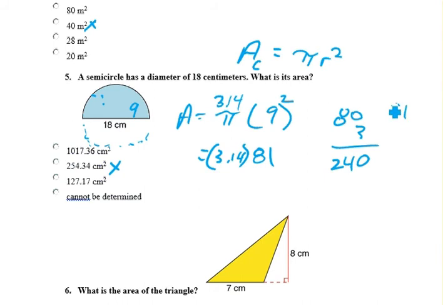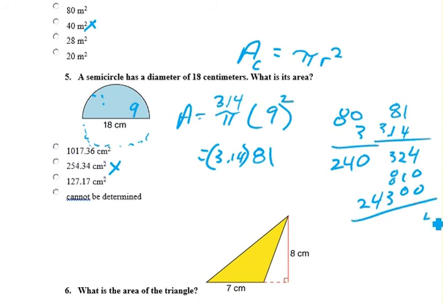3.14. 4 times 1 is 4. 4 times 8 is 32. Spaceholder. 1 times 1 is 1. 1 times 8 is 8. And 2 spaceholders. 3 times 1 is 3. 3 times 8 is 24. 4. 3. 3 and 8 is 11.